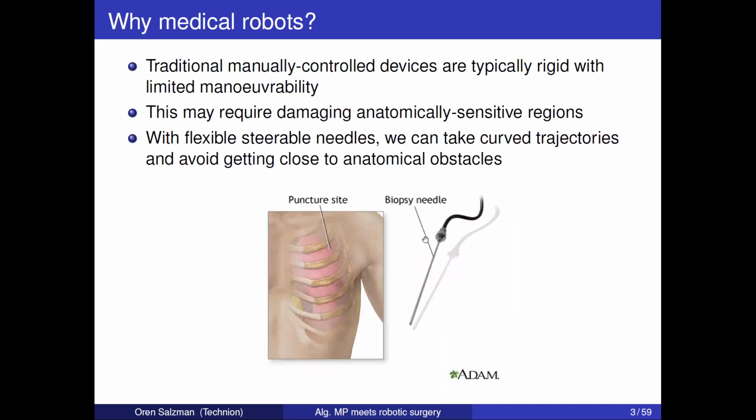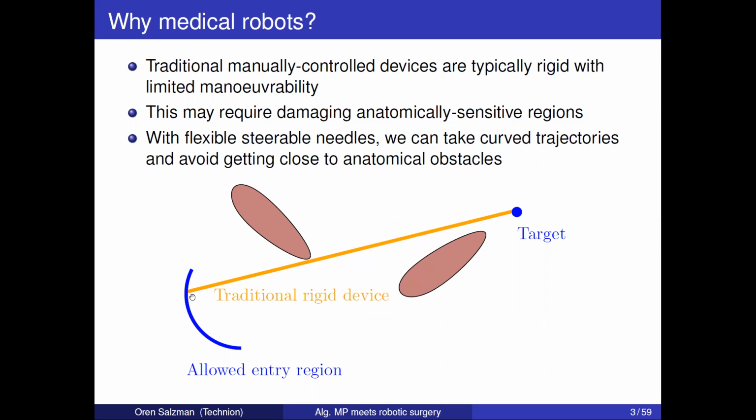Say to perform a biopsy, this is an example of a biopsy needle. The surgeon's decision was to choose the puncture site or some entry region, and then there was nothing to do except push the needle forward in a straight line in order to reach the target. In this example, we have these red blobs which depict anatomical obstacles, and we see that the device gets dangerously close to one of these obstacles.